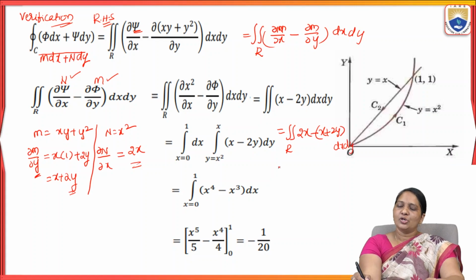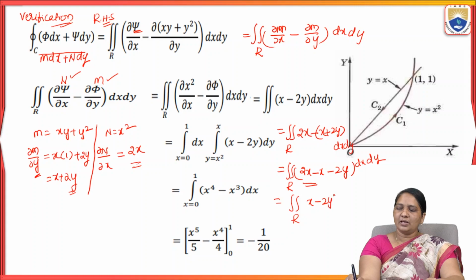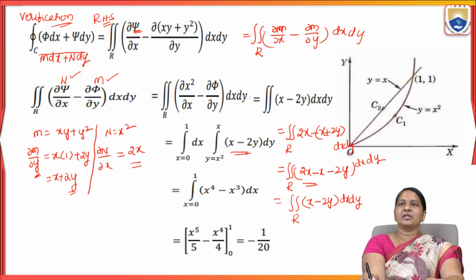Finally this is the double integral over R of 2x minus x minus 2y dx dy. Now 2x minus x is x, so we get x minus 2y into dx dy. That is the final value.